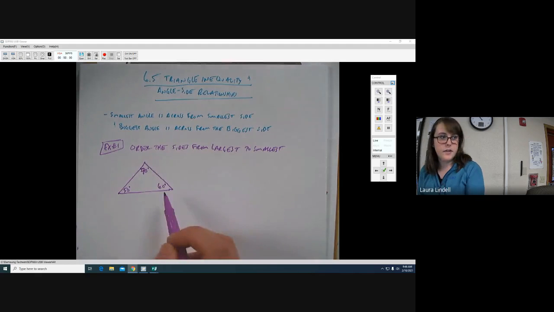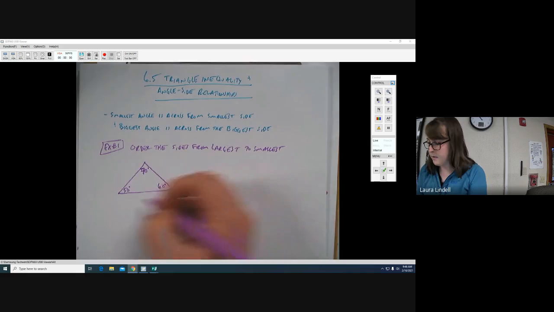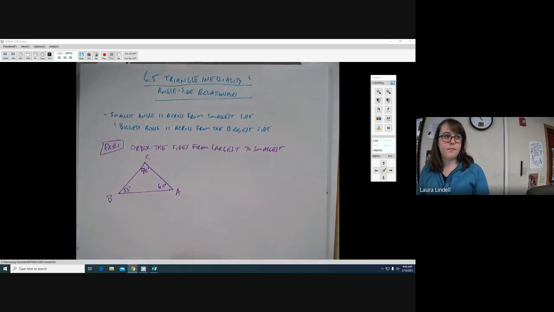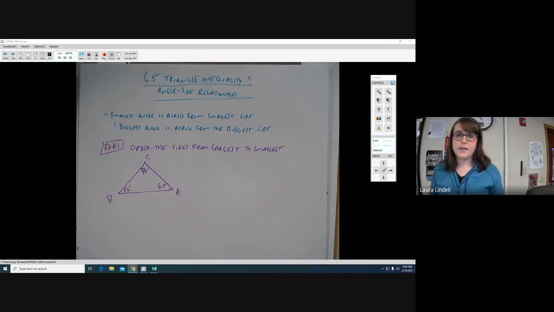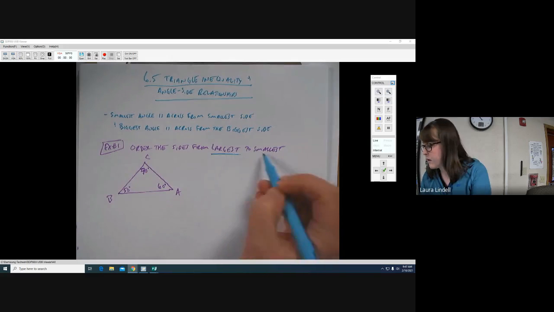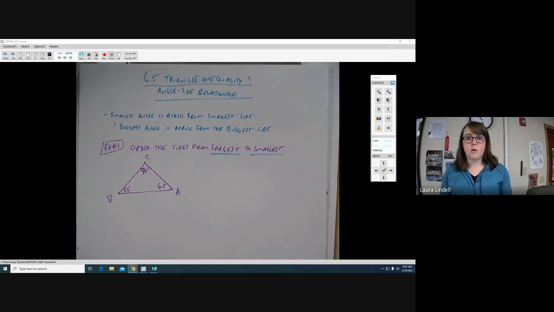So we have 50 degrees, 60 degrees, 70 degrees. A, B, C. So that's the sort of problem that we're going to be given here. And the only thing that really tends to trip people up with these is that they don't read the question. We need to read the question and realize that we want to order these from largest to smallest. So when I put them in order, I'm putting the largest one first and the smallest one last.